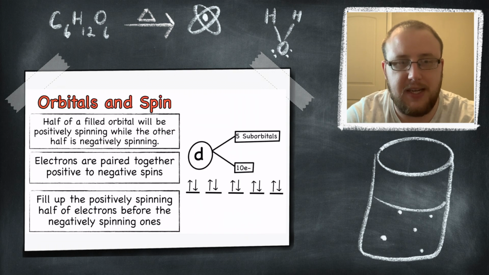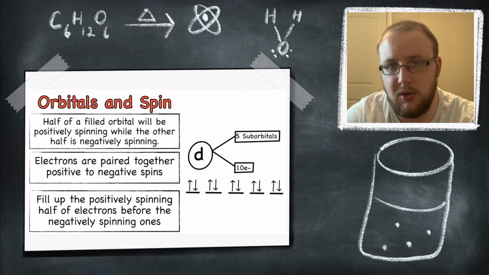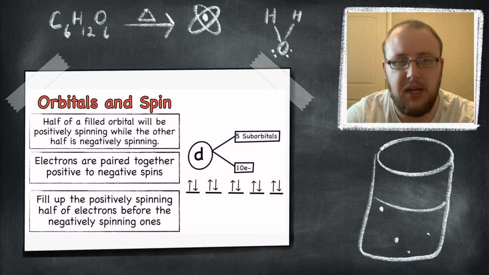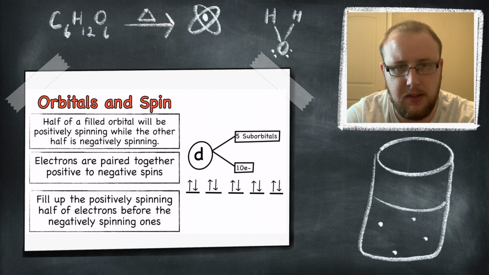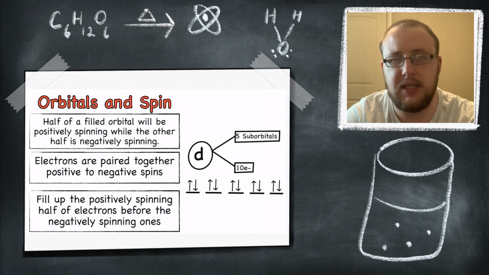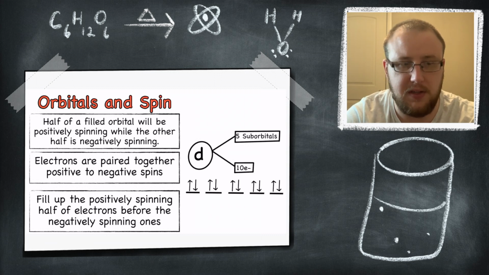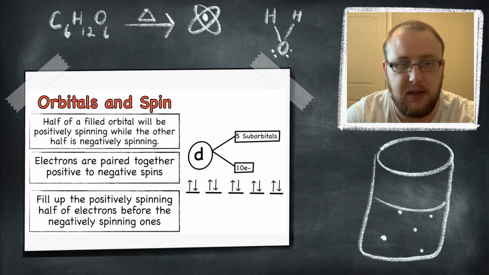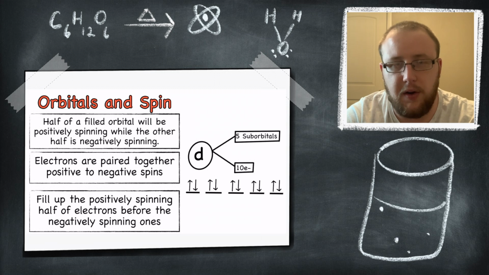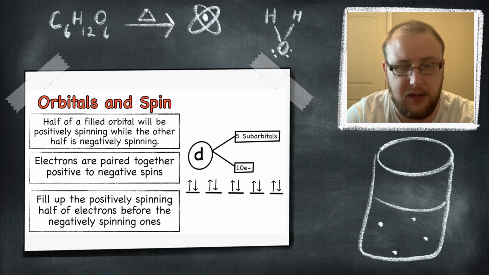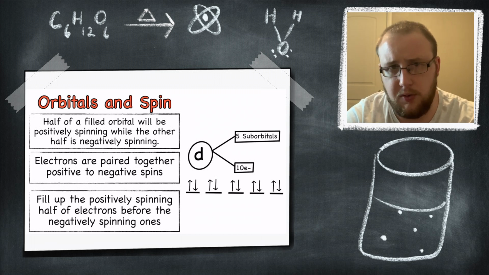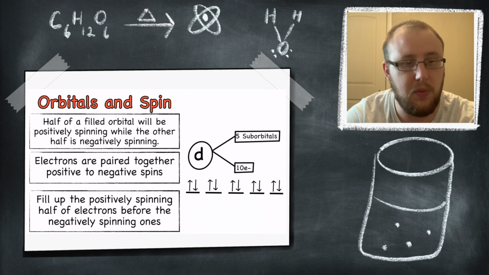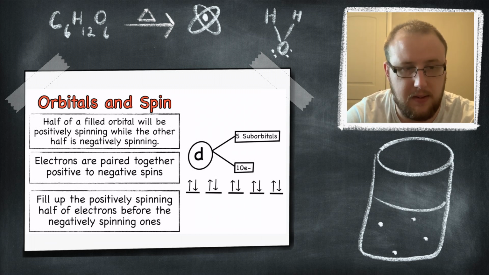Typically, each subsection of an orbital is going to have half their total number of electrons as positive or upspin electrons, and half of them as downspin or negatively spinning electrons. Each positively spinning electron can only be paired with a negatively spinning electron. So we can't have 2 up arrows right next to each other.